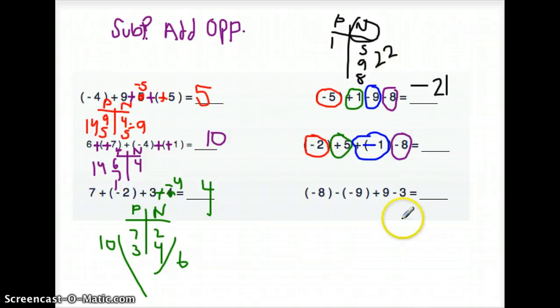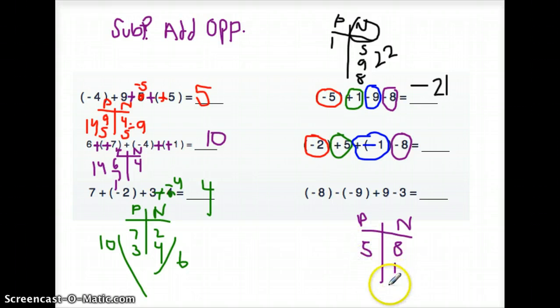So we're going to do scoreboard, positive and negative. And we have -8, positive, nope, -1, +5, and -2. Who wins? Team Negative. By how much? Well, their total was 11. They won by 6, so my answer is -6.